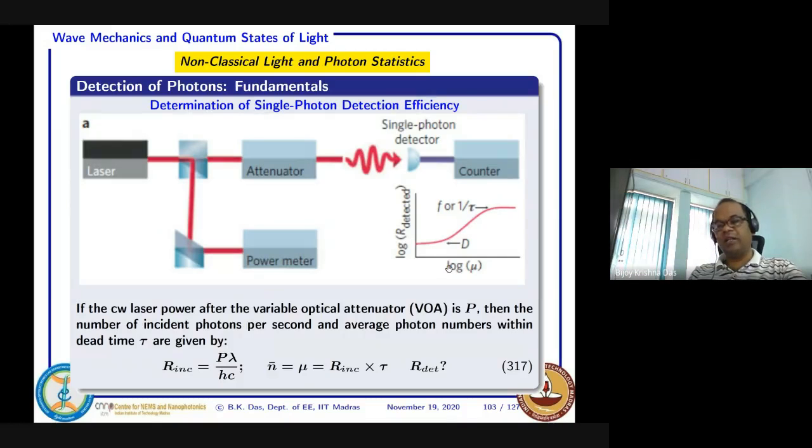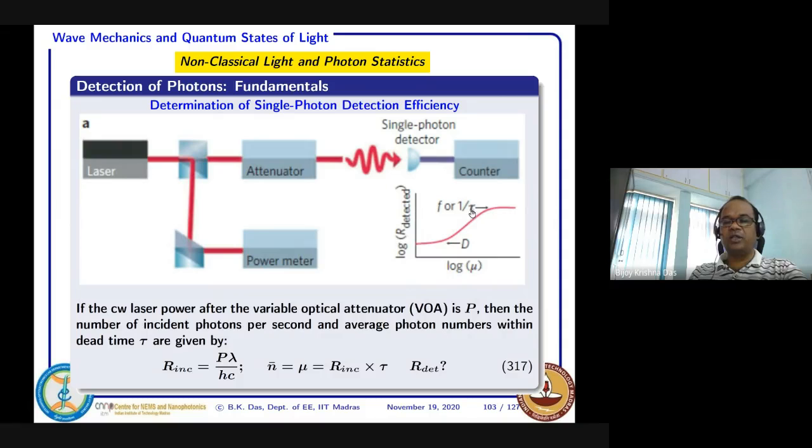Now if you see the experimental results, the detection rate as a function of the average number, which you are varying here and putting on the x-axis, and the detection rate in the photodetector, it will look like this. From here, we have shown that this is d, and this is 1 by tau.